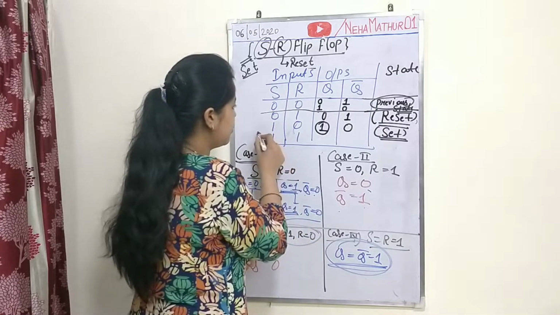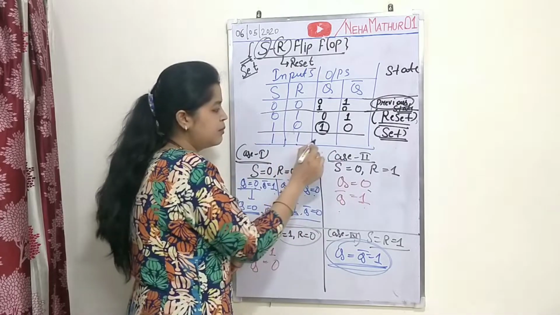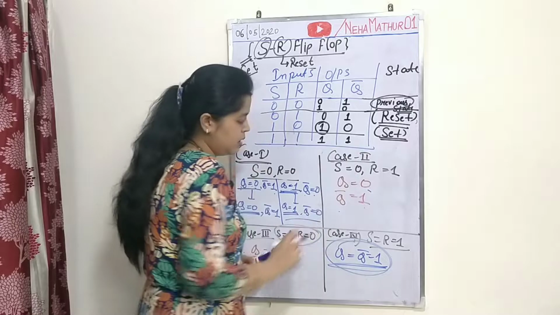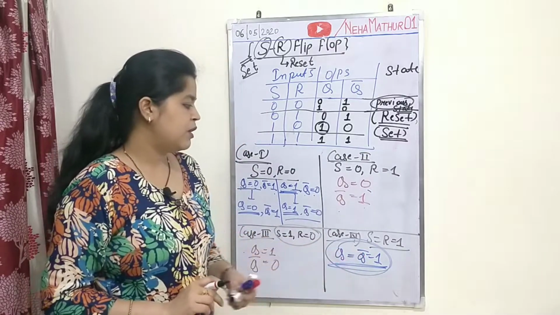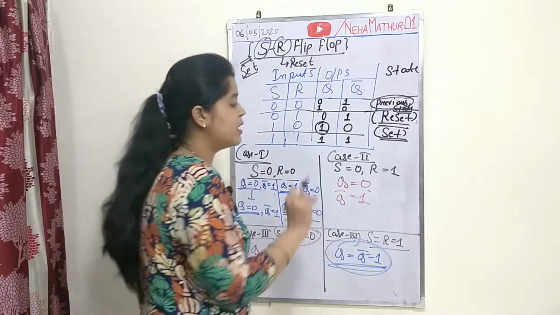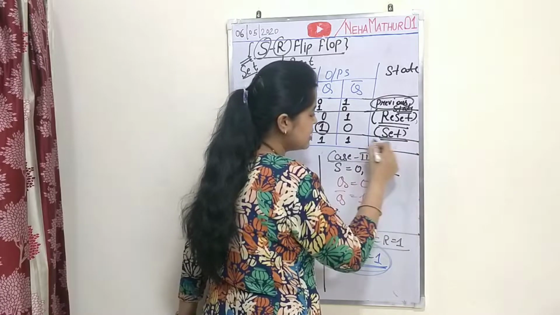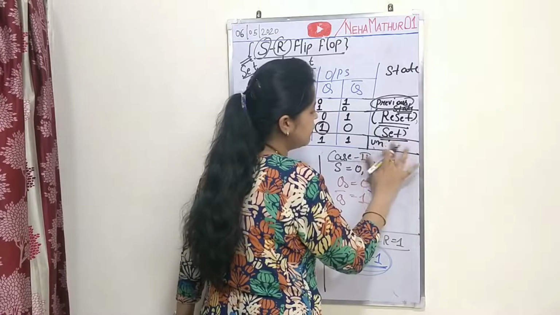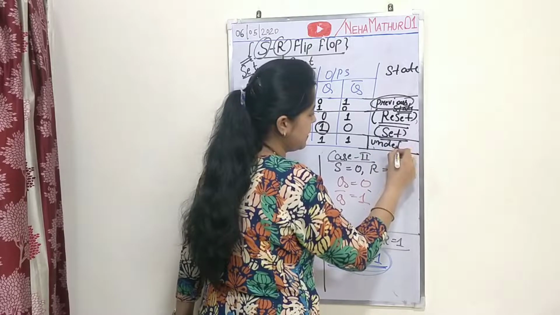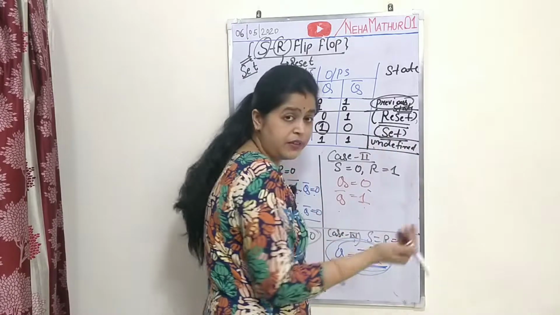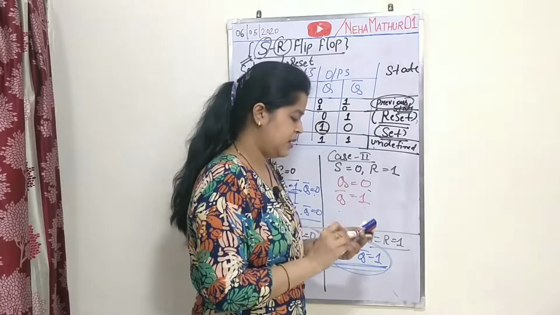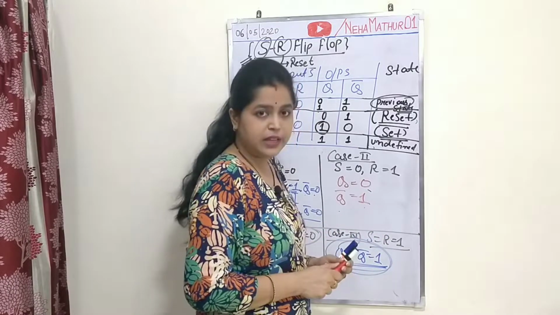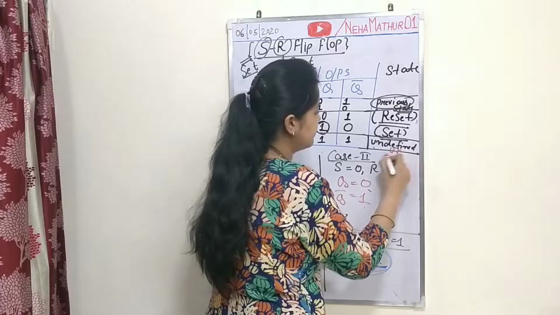Now what about your fourth case? When S and R are both equal to 1, your outputs Q and Q bar will be 1, which is practically not possible. So such a case comes under the category of undefined state. You can say undefined or prohibited state, because such a case is strictly prohibited.